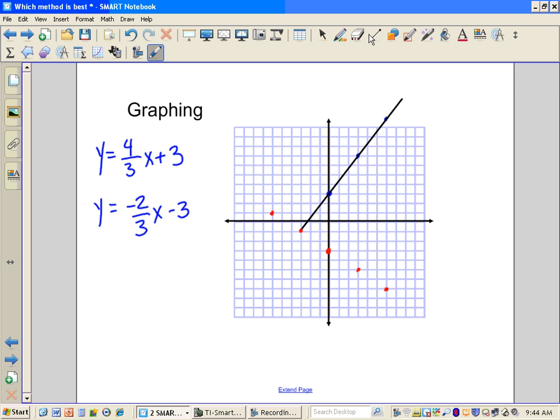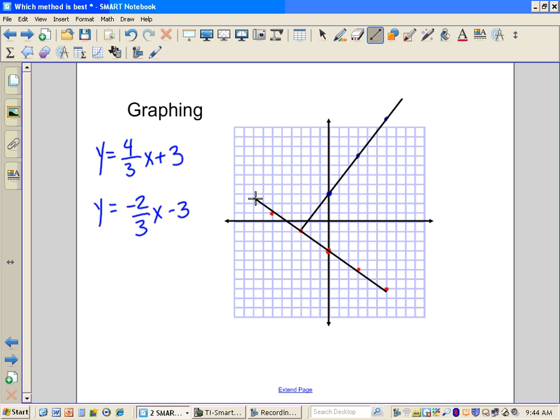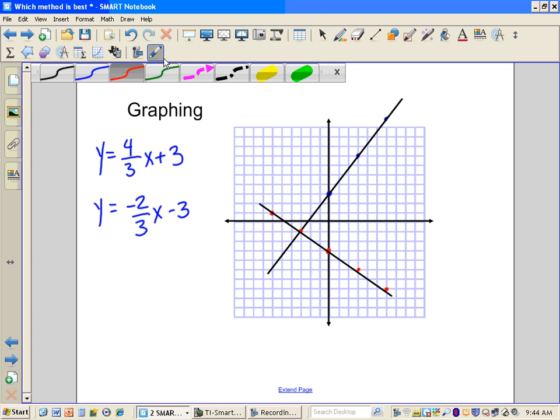I'll grab another line and extend it a little bit more so that we can see the intersection point is right here at -3, -1.